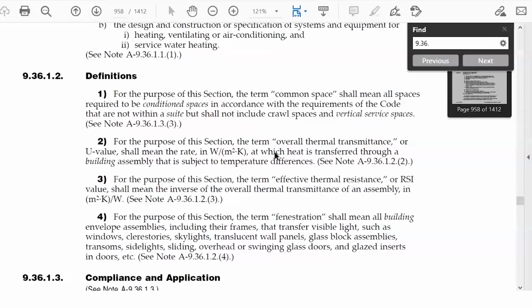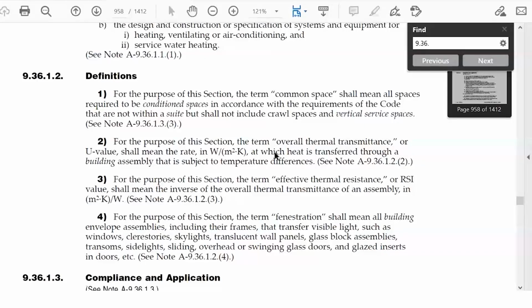For the purposes of this section, the term effective thermal resistance, or RSI value, shall mean the inverse of the overall thermal transmittance of the assembly in meter squared Kelvin per watt.